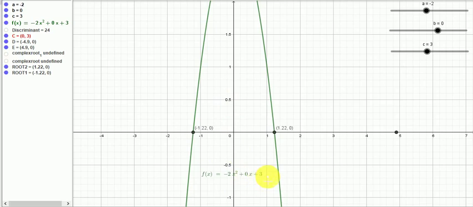Here you can see this is your quadratic expression, minus 2x squared plus 0x plus 3. So in place of x I can take any real value, yes or no? Once I put any real value, suppose I put 2, then after calculation I'll get some value.